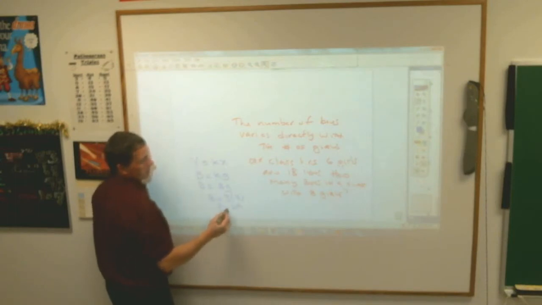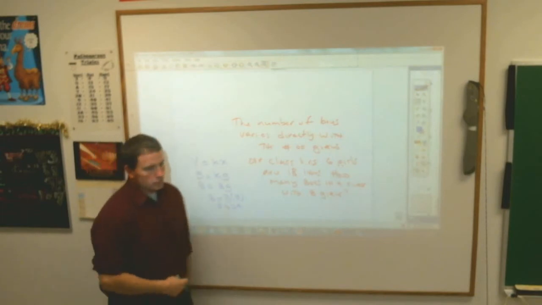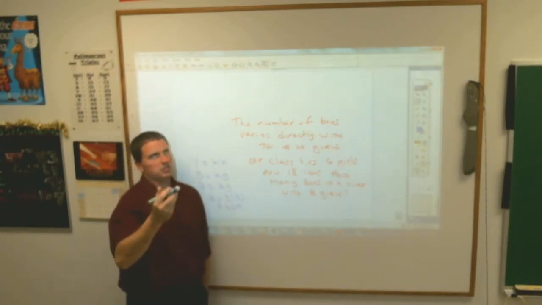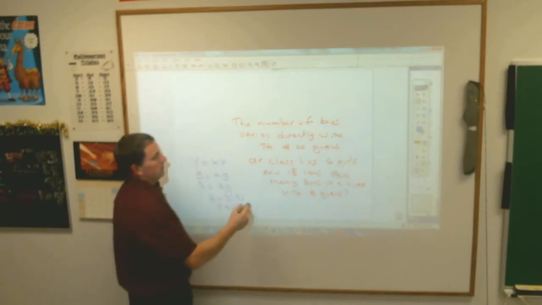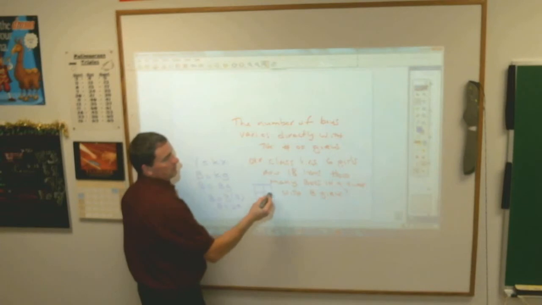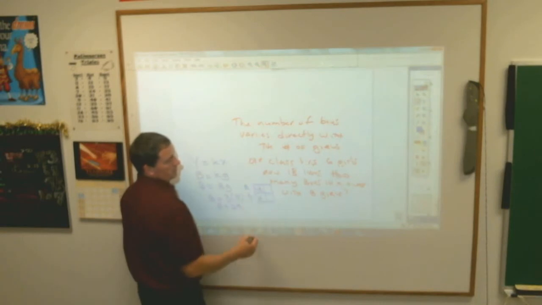But it is also proportional or ratio-ish. You can do it as a ratio box, and you will still get the same answer because it is direct variation if you're comparing boys to girls. If there are 18 boys and 6 girls, if there's 8 girls, how many boys are there?